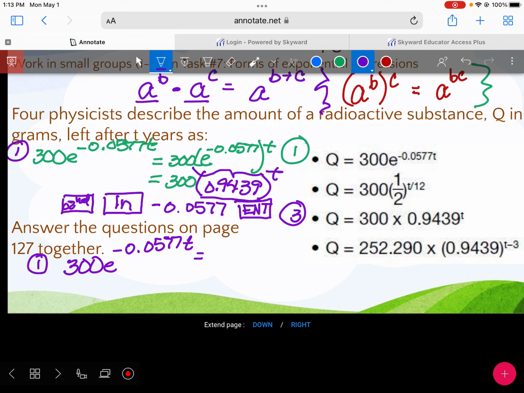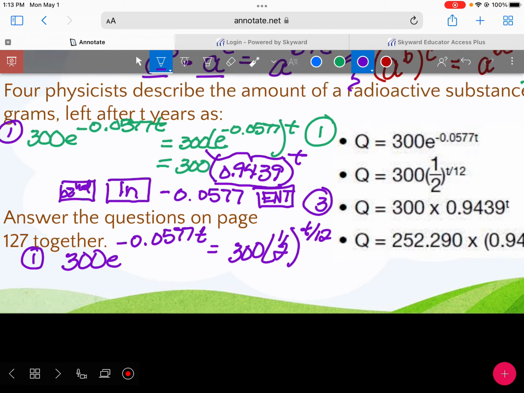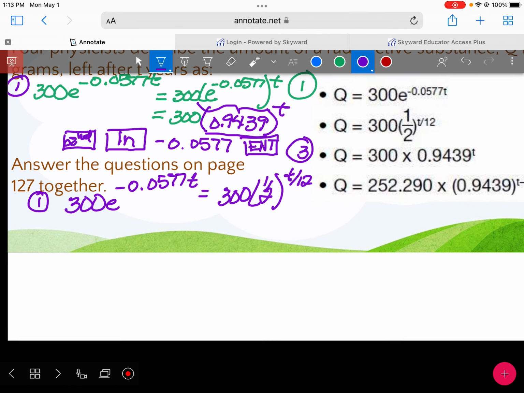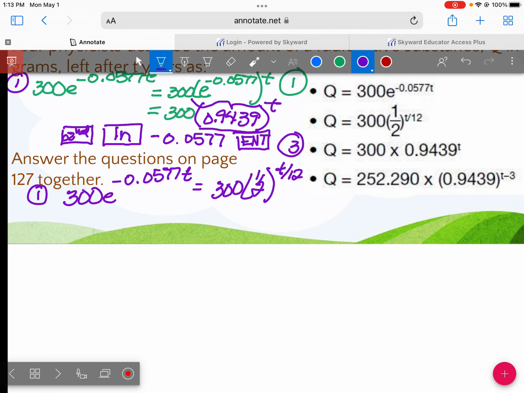So I'm going to say these are equivalent in this case. Not t to the 1/12, t divided by 12. All right. Any suggestions on this one to get the first two to be the same?